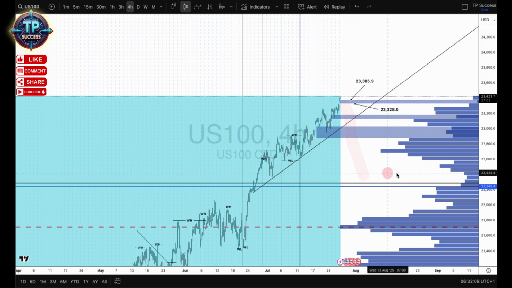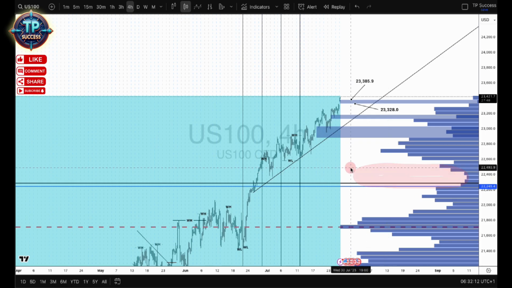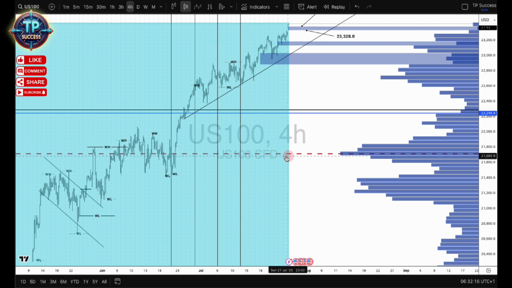Now, I wouldn't expect NAS to land in this area over here where we have the low volume node. I would expect NAS to come all the way down here, if not lower, and that would be 21,703.3. If NAS comes down to that level, actually let me put a price point on it.